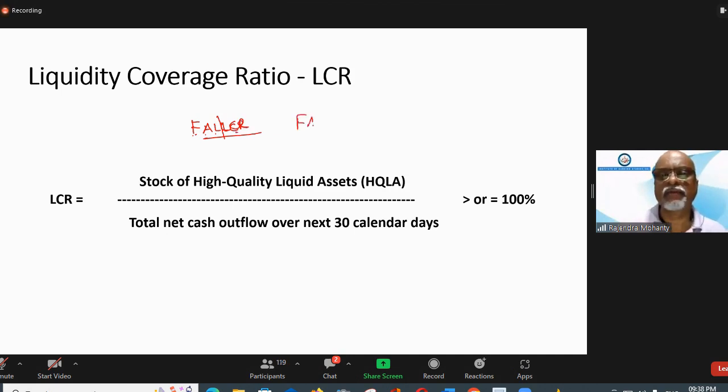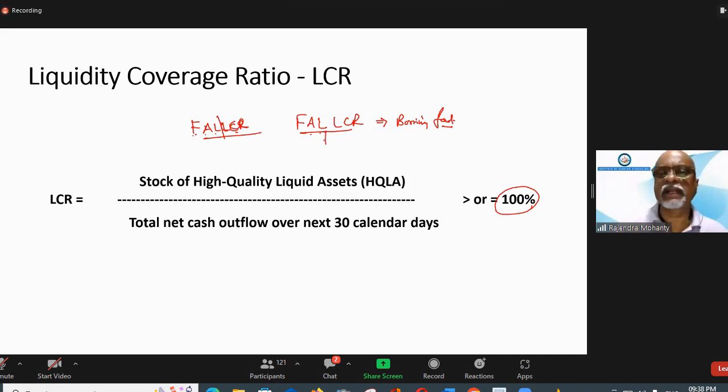So FALLCR, Facility to Avail Liquidity to cover LCR, is where a bank can avail a borrowing facility from RBI to achieve this result of 100%.